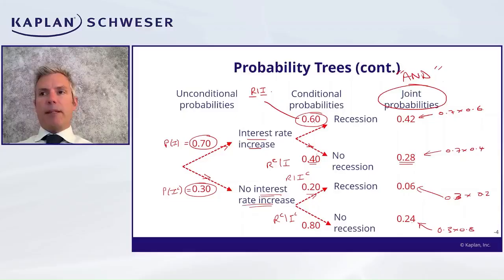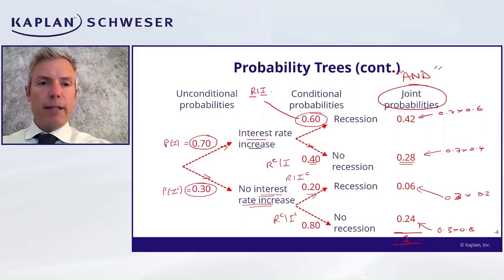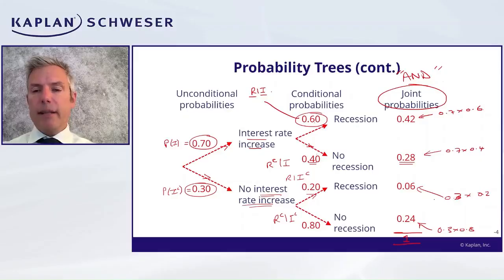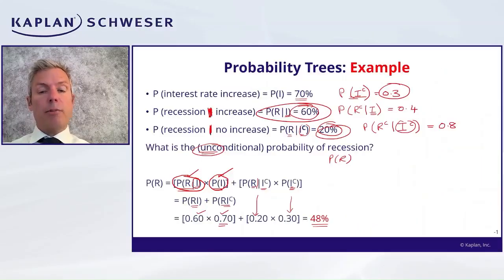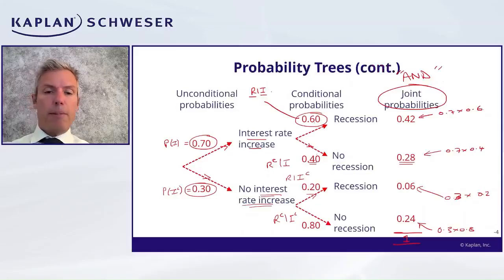Now these are the AND probabilities, and they should always add up to 100% or 1, right? Because one of these combinations of interest rates going up and recession has got to happen. But now you are endowed with the ability to answer any question, right? You were asked in this question, what's the unconditional probability of a recession? Well, you're completely on top of the ball now. You've got full vista.